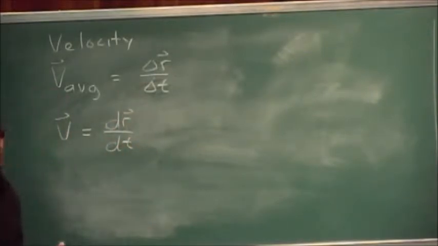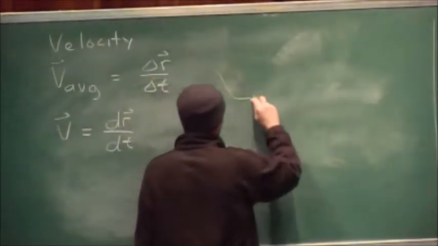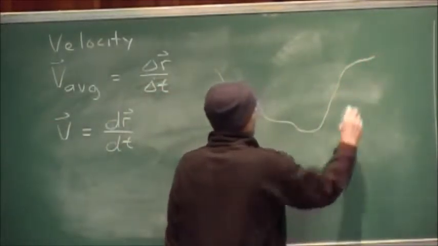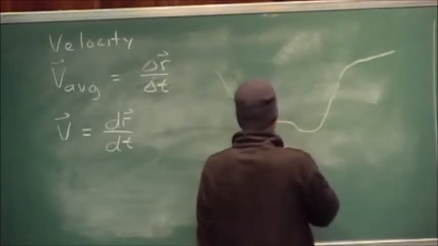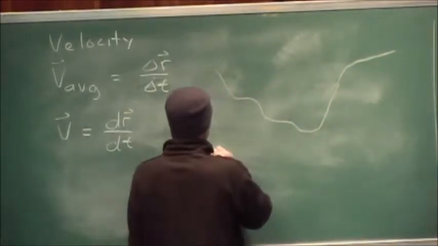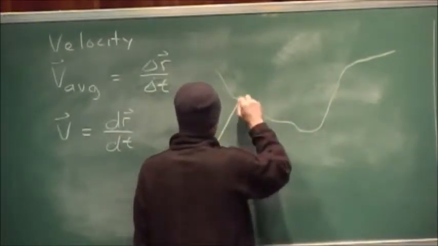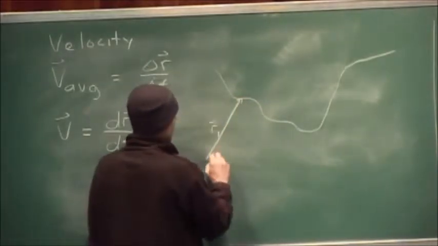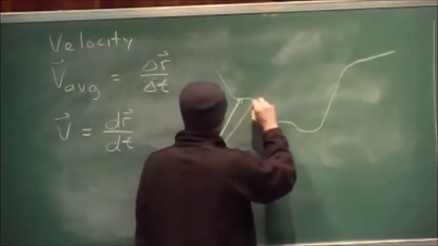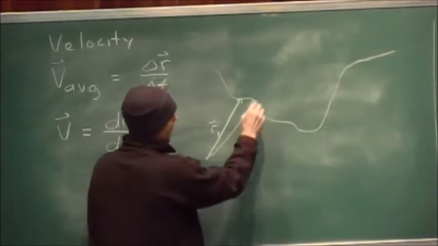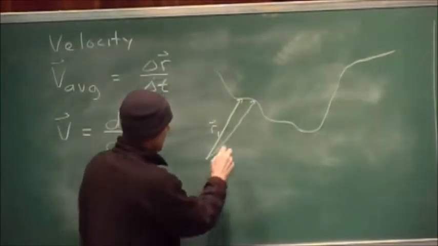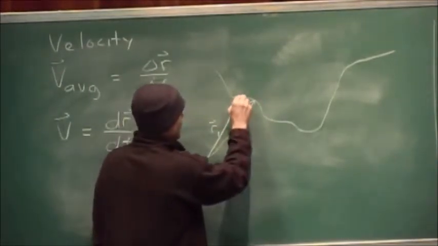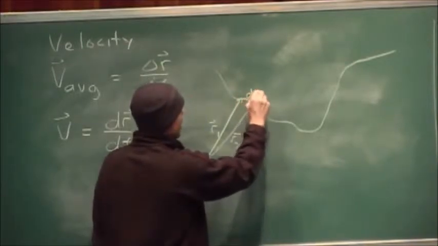So the instantaneous velocity is simply the change. If I were to have some sort of curve here, I have an R1, and at some very close later time, I have an R2. Okay? And what I'm going to call this is VR.